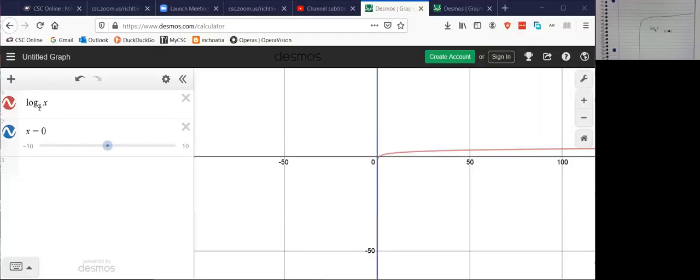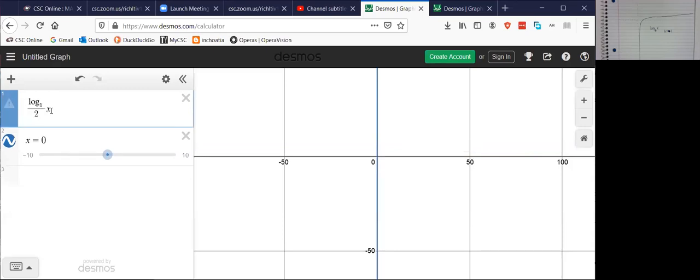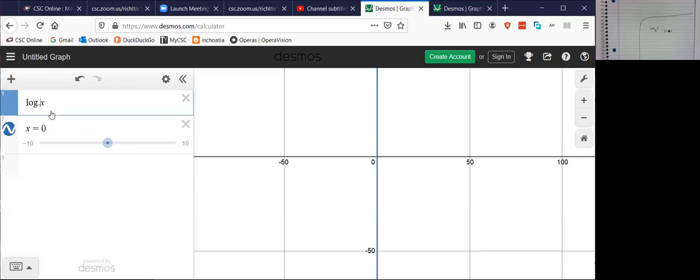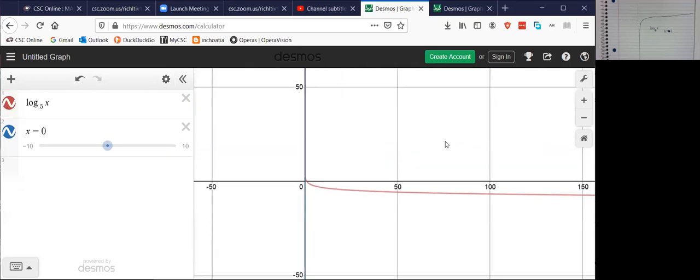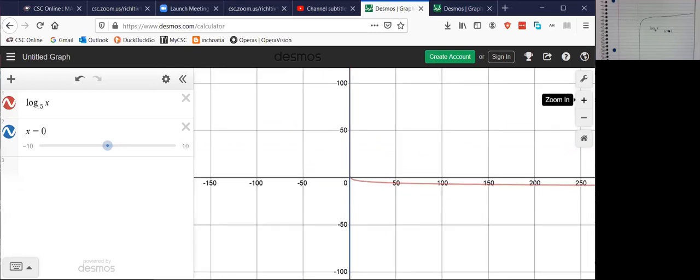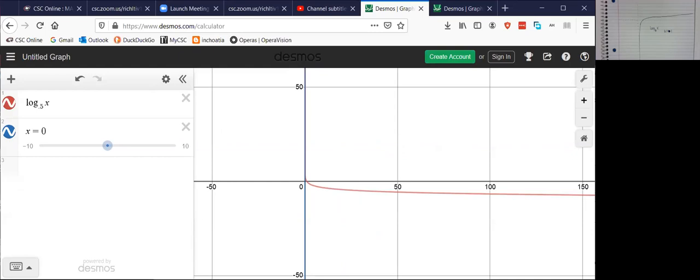If we had a base that was less than 1, let's change this 3 to a 1/2. There we go. Then we get a different looking graph. However, having just mentioned this in passing, I'm now going to proceed not to worry about it.